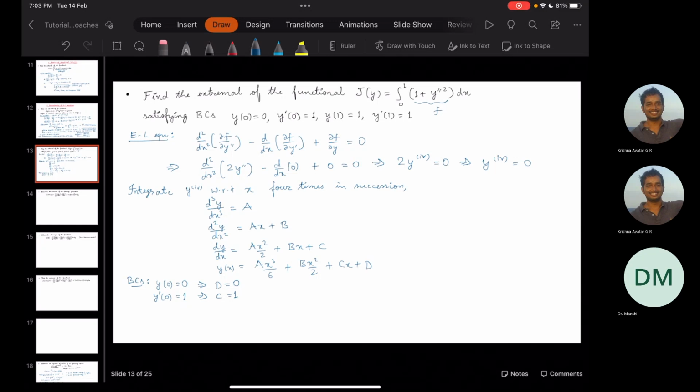And the third boundary condition is y of 1 is equal to 1. So then this means that d is already 0, so c is 1. So we have a by 6 plus b by 2 plus c is equal to 1, isn't it?